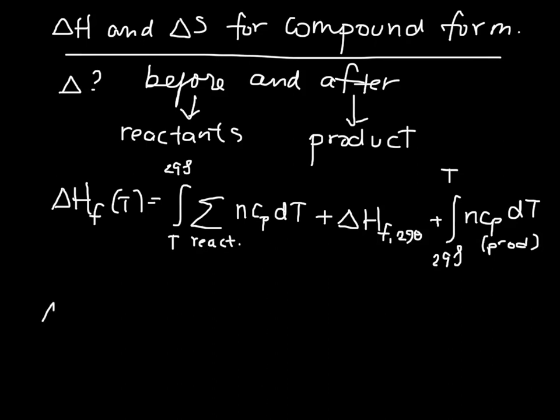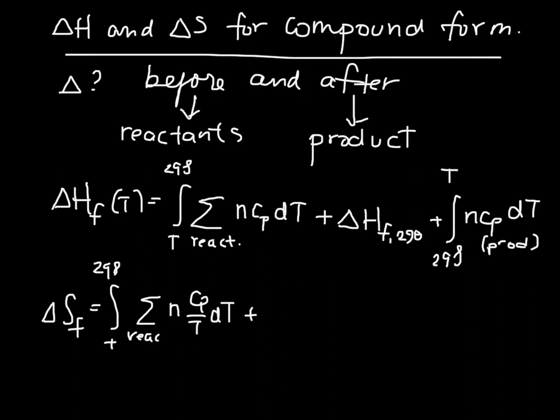And we can use a similar approach for delta S. So we have the integral again from T to 298, the sum of the reactants. Now we have N Cp divided by T dT. What we need at 298 is the delta SF at 298.